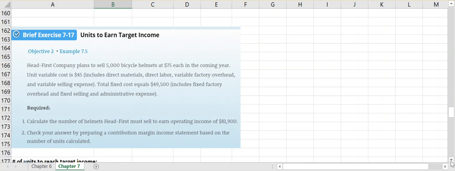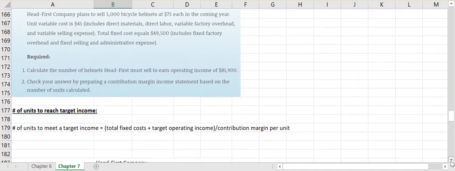When we're looking to figure out how many units we'd have to sell in order to hit a target income, that means we want our contribution margin to work a little bit harder for us. We want that contribution margin to not only cover our total fixed costs, but also have enough left over to provide us, in this case, with that $81,900 in operating income.